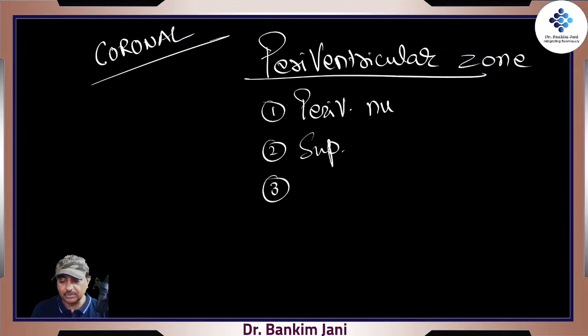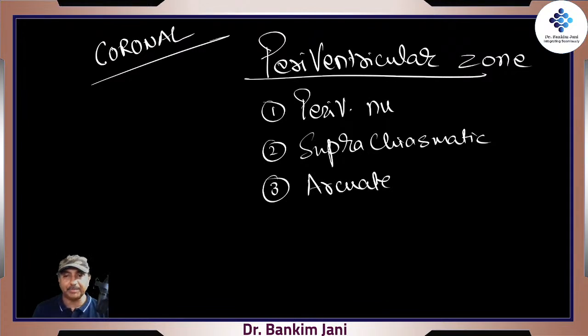One is called the suprachiasmatic, and the second one is the arcuate. Deliberately, we'll be picking up both of these nuclei in the next section, when we'll be discussing the sagittal section, right?